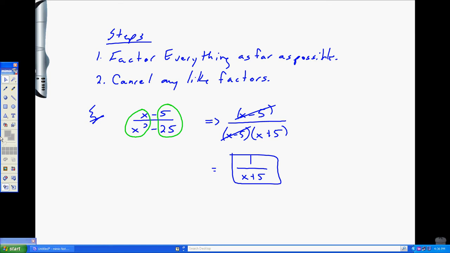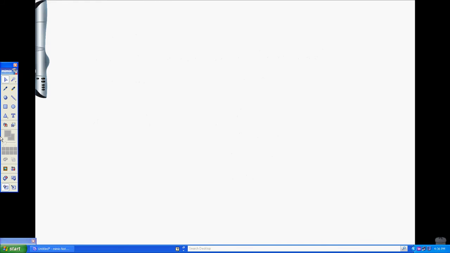Capiche? I hope so. So, let's get a little bit more wild. I'm trying to think here of a trinomial one.